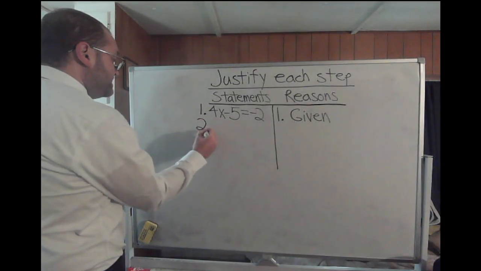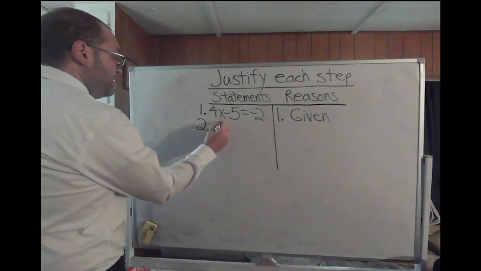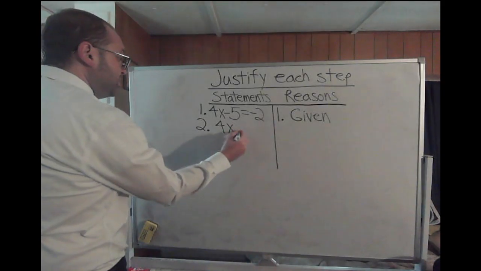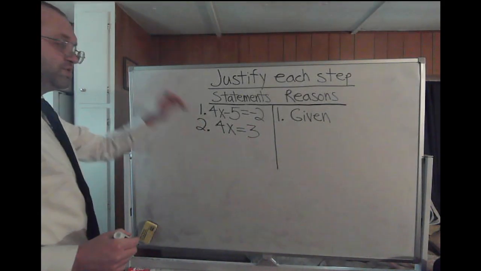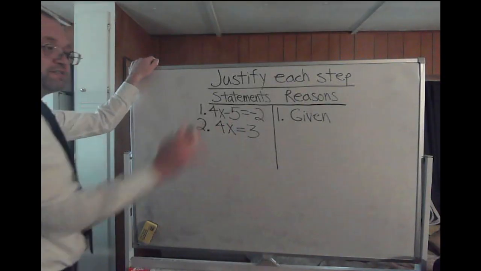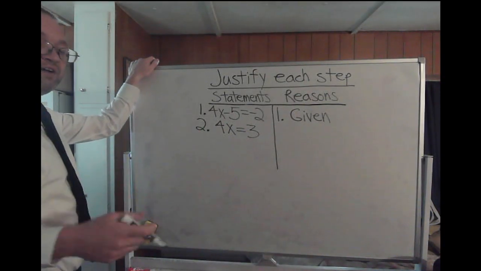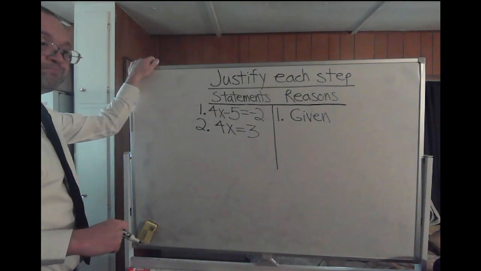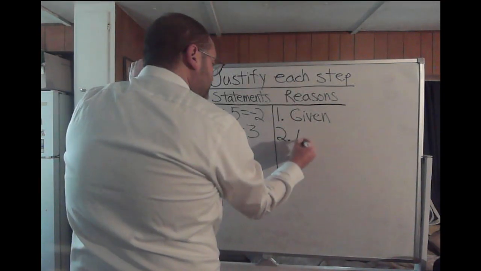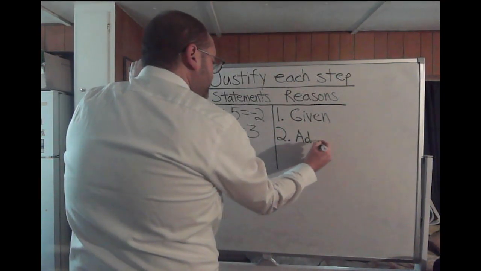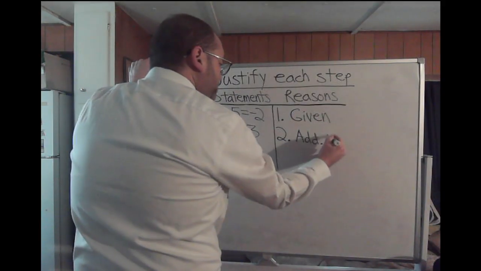Now if we do statement 2, we would say 4x equals 3. Well, how did we get to 4x equals 3? Well, we know 4x minus 5 equals negative 2. We had to add a 5 to both sides, right? So reason 2 that 4x equals 3 is the addition property, or you can just abbreviate it add prop.